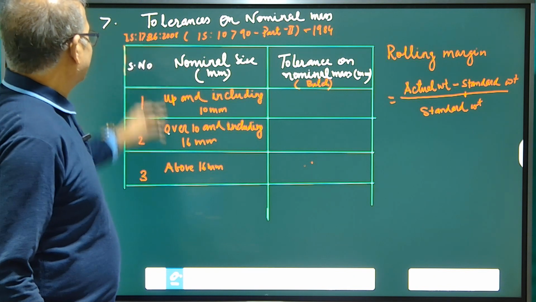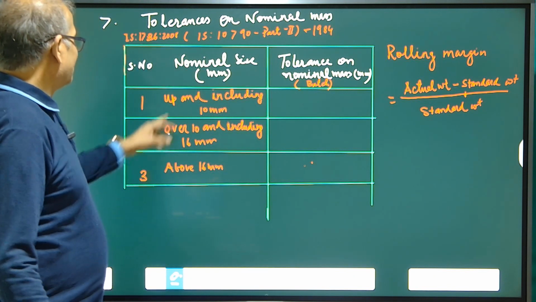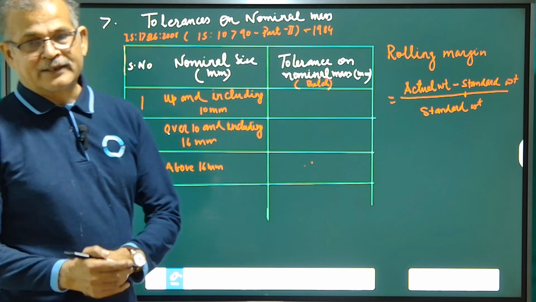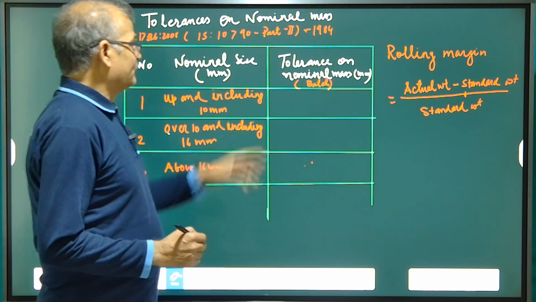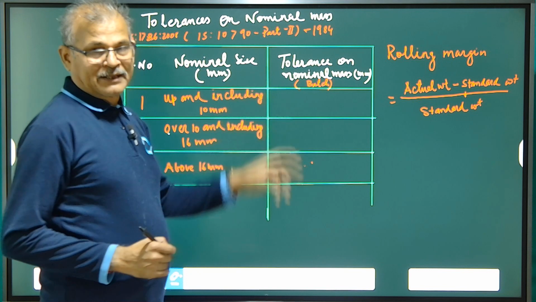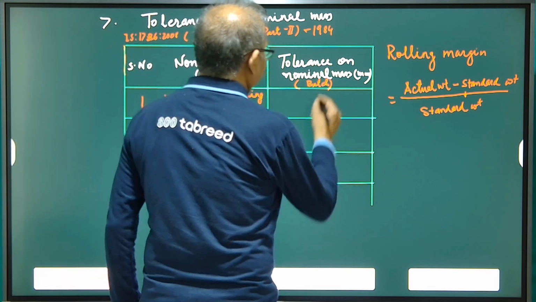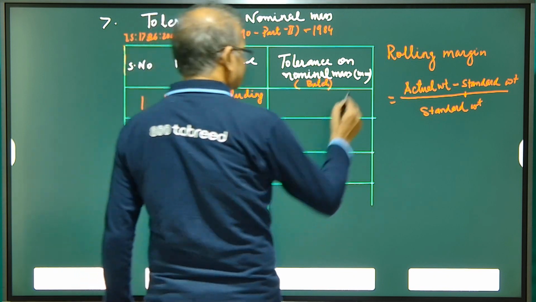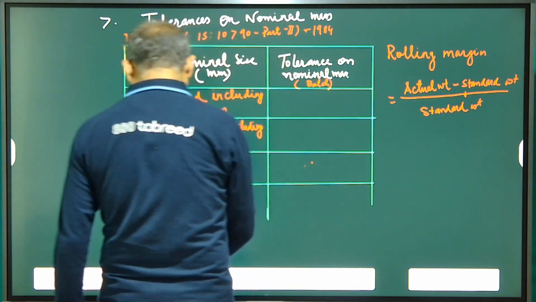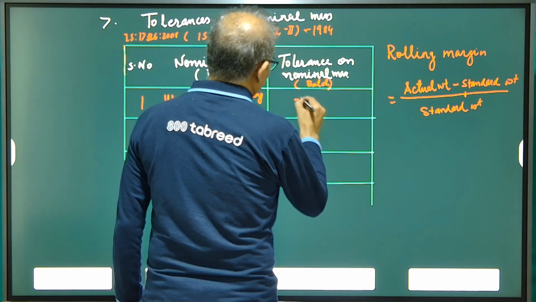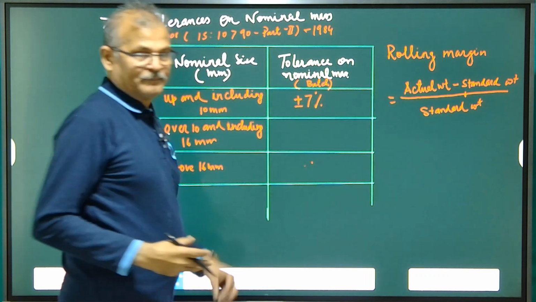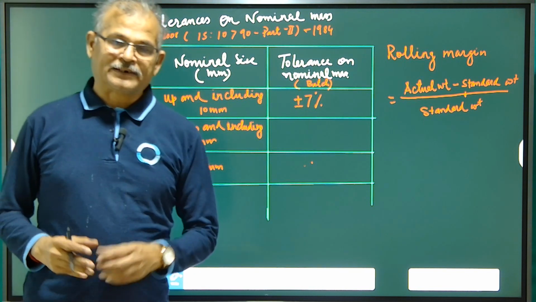So as per IS 1786, up to and including 10 mm diameter bar, the tolerance in nominal mass is plus minus 7% in a batch size, not individual, in a batch.